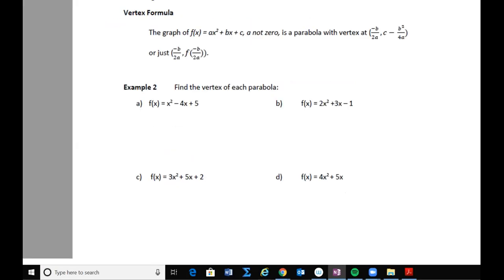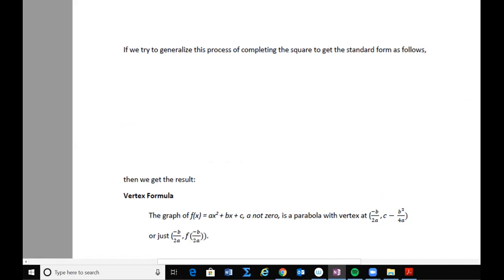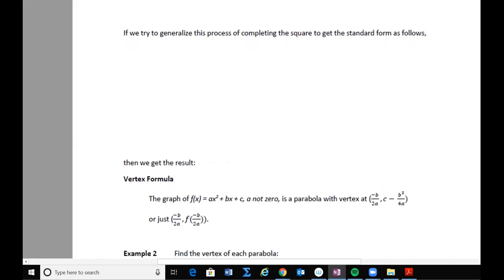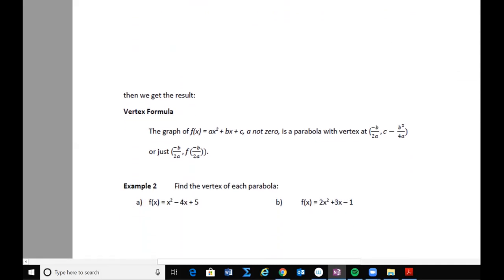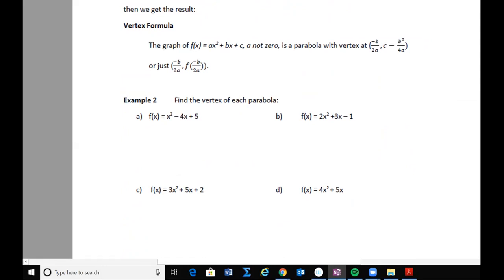Okay, here we are. Now, I'm not going to go into the generalization of that routine that we just did on that last problem, but if you start with this form that we have here, you can do a completing the square like we just did on that particular example, and you will arrive at this result here.